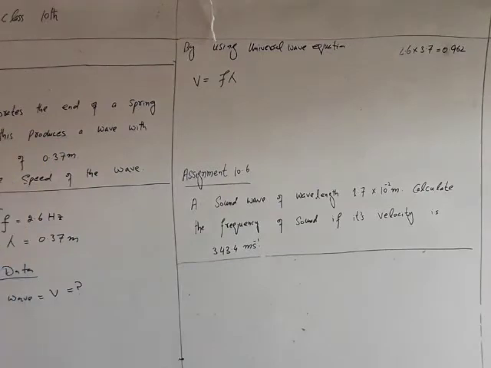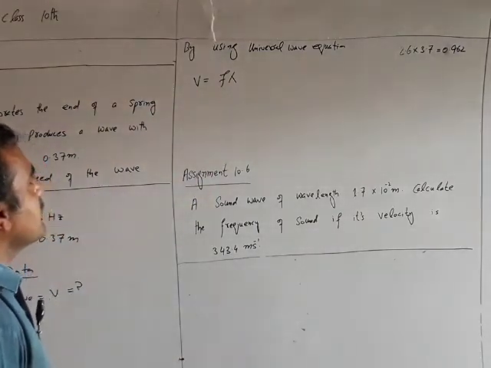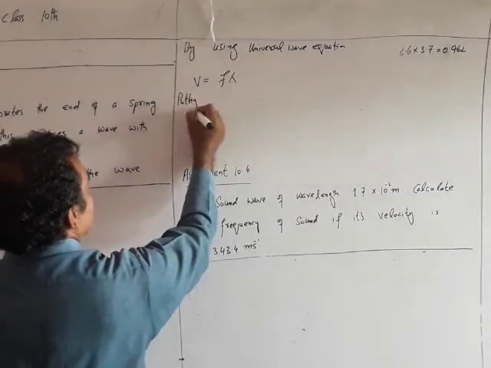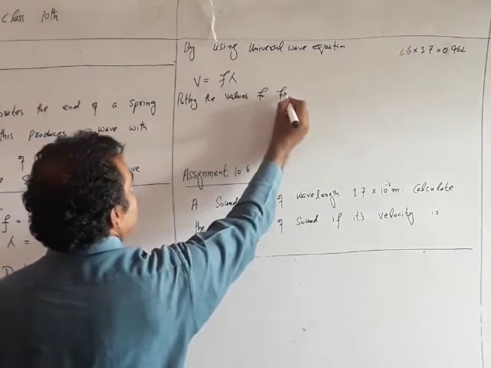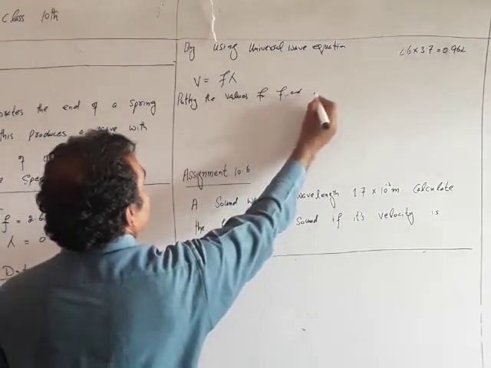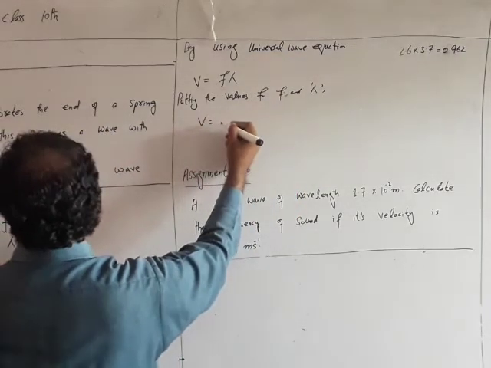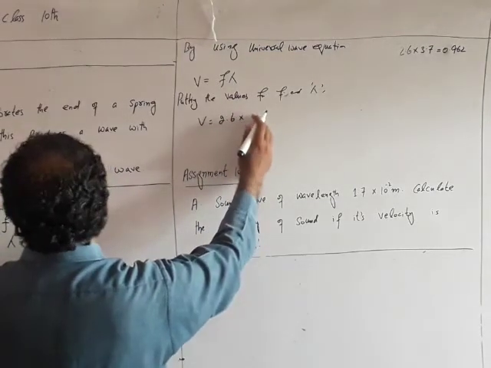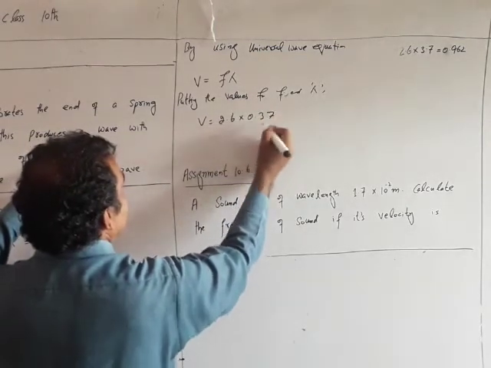Here both frequency and wavelength are in a product, so this is just a direct formula. We have to calculate speed, so I will just put the values for frequency and wavelength. Putting the values for f and lambda, v is equal to 2.6 multiplied by the wavelength, which has the value 0.37.